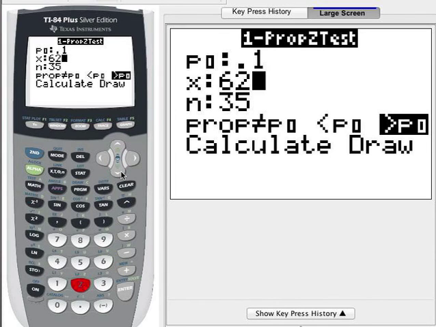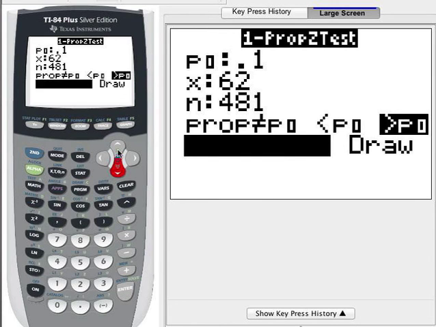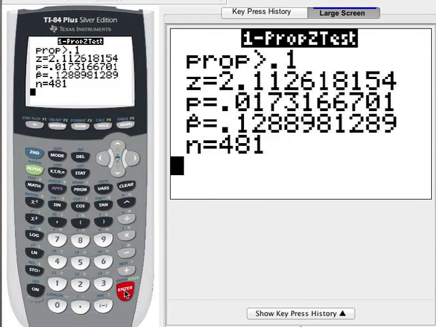So I'll take my success count of 62, and n is 481, the number of respondents. Again, I'm looking for a greater than alternative. The direction of that alternative comes from the alternative hypothesis. And there we go. Our z-score is about 2.11 and our p-value is 0.017.